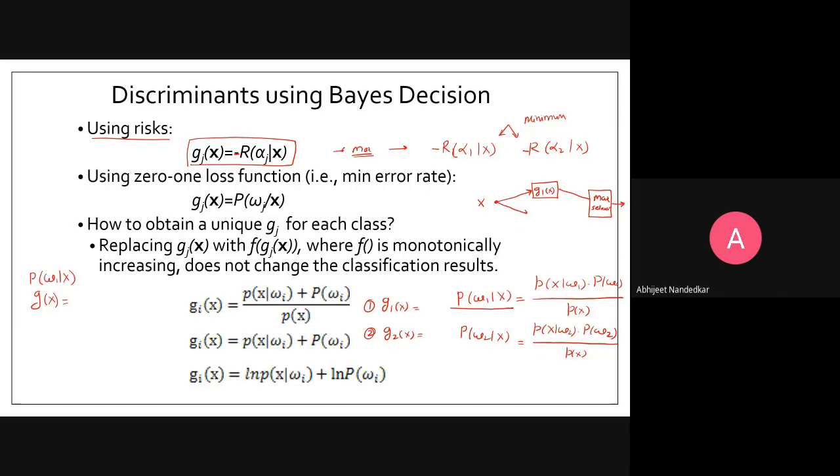Then I have g2(x), and this is also going to the max selector. So we are now assuming this g1(x) and g2(x) to be the Bayes equation that we have seen already. Okay, so I think this should be multiplied.